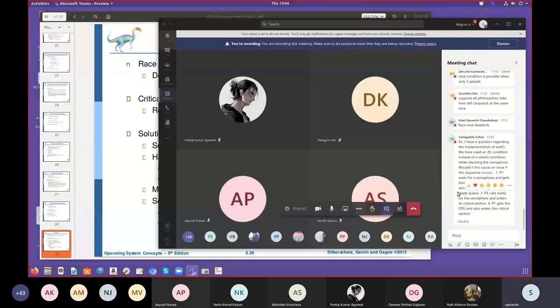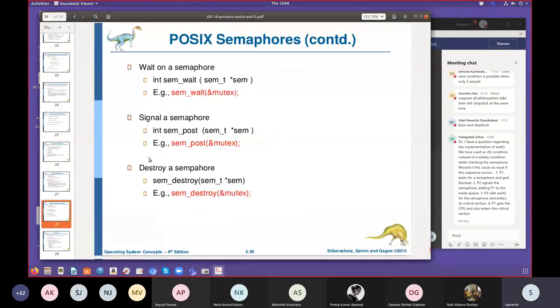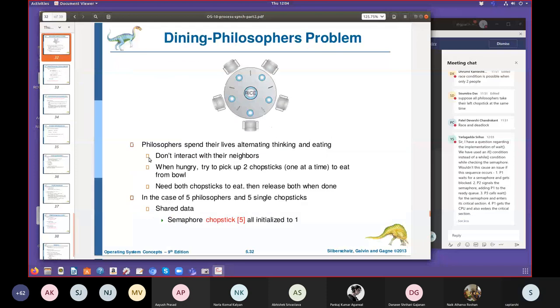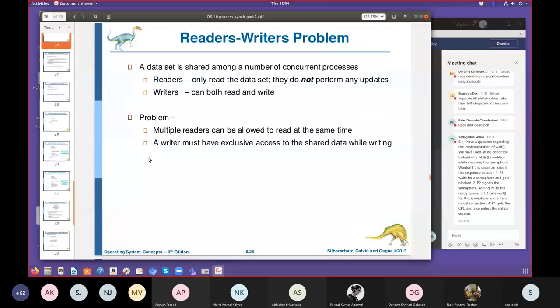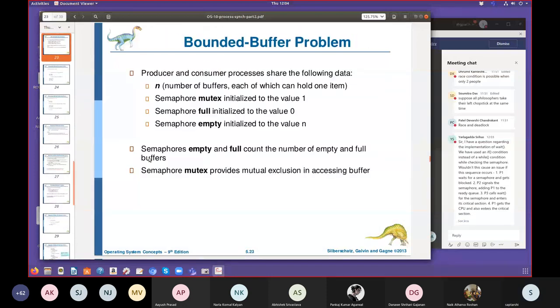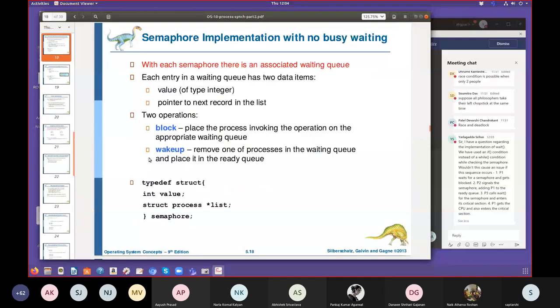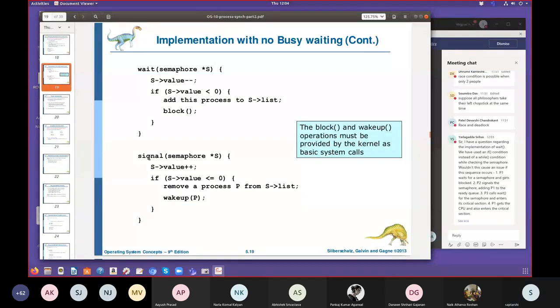Okay, Sriharsh says, I have a question regarding the implementation of wait. Let's go back to that slide. So your question is, wouldn't this cause an issue if this sequence occurs?